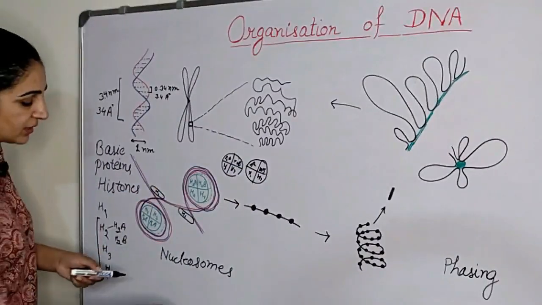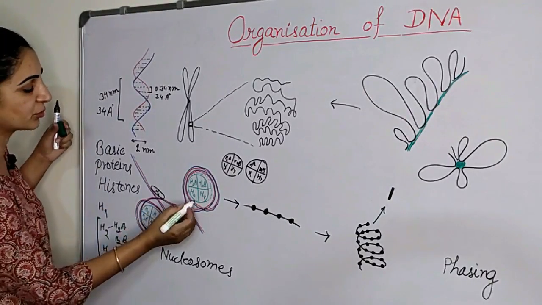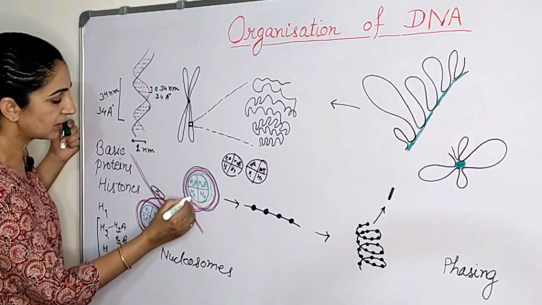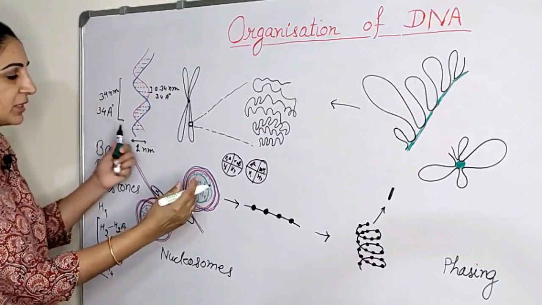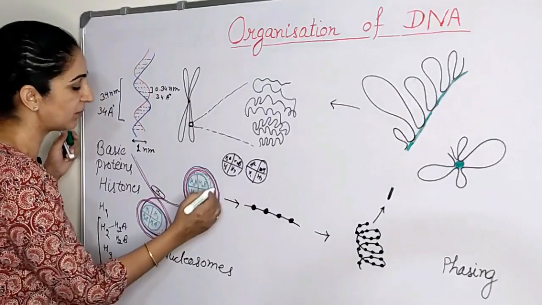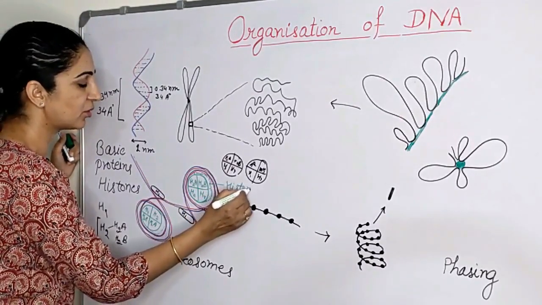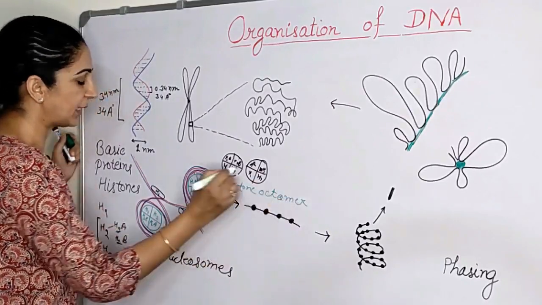These 2 tetramers get together to form the octamer of the histone proteins. This is one tetramer of histones, this is the other tetramer of histones. These 2 lie parallel to each other to form the octamer. So this is the histone octamer.